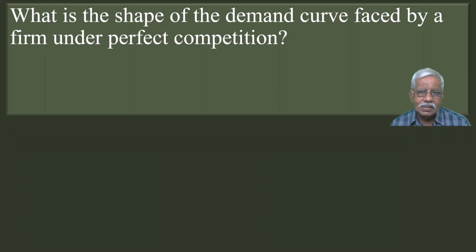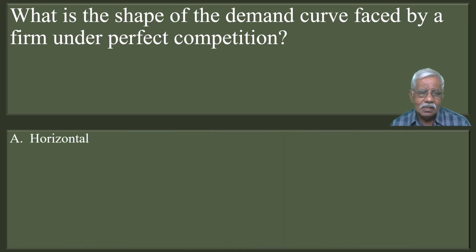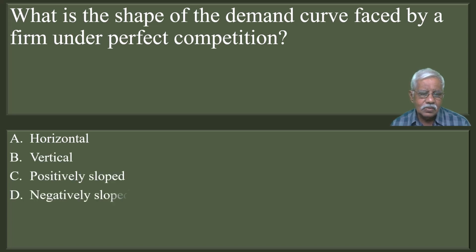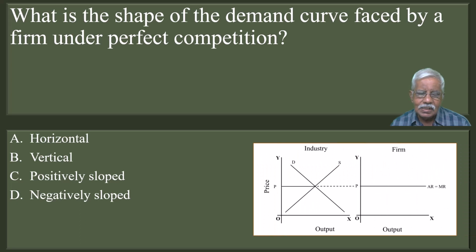What is the shape of the demand curve faced by a firm under perfect competition? Options: horizontal, vertical, positively sloped, negatively sloped. Just recollect the firm's average revenue curve. Look at this graph. The price is determined in the industry.